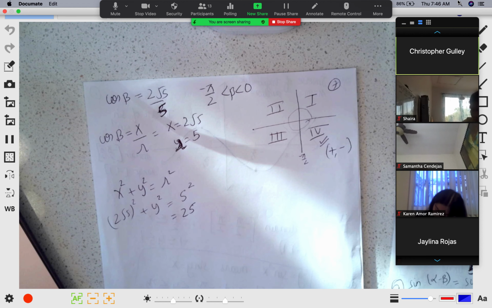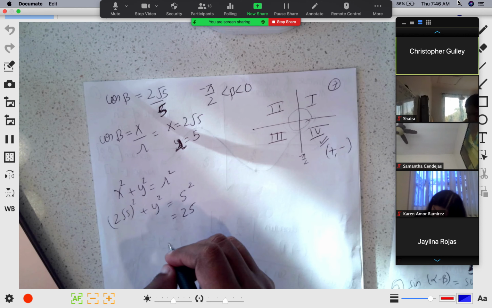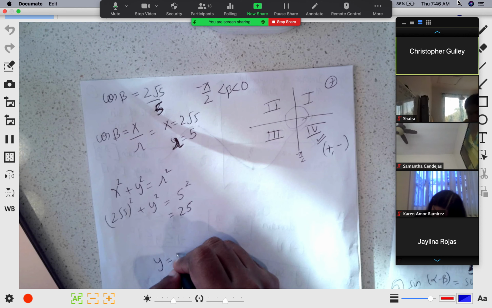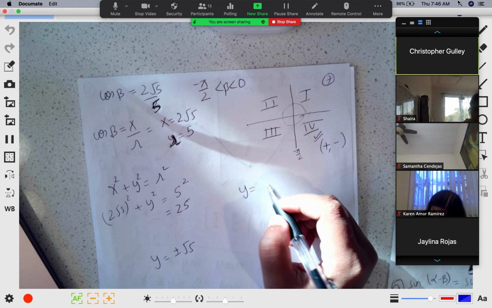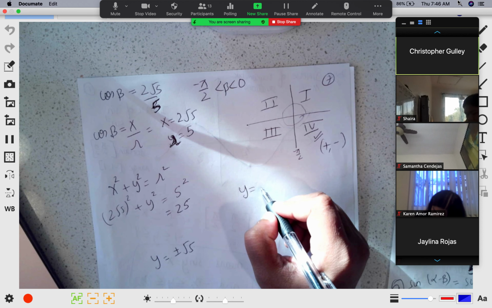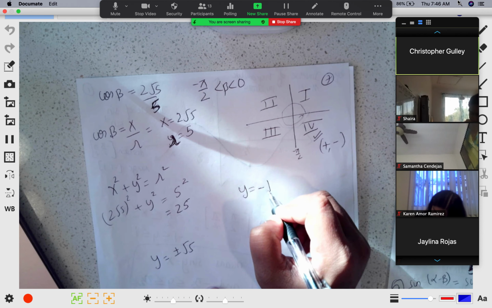Y is positive or negative root 5. And which one will you consider? Y would be negative, so it would be negative root 5.